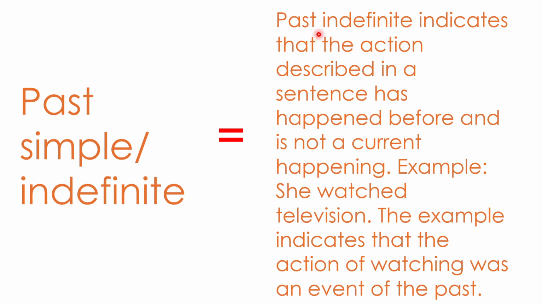So, past indefinite indicates that the action described in a sentence has happened before and is not a current happening. So for example, she watched television. So this example indicates that the action of watching was an event of the past.